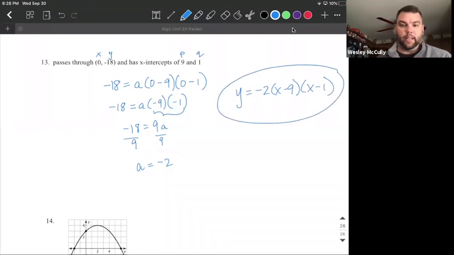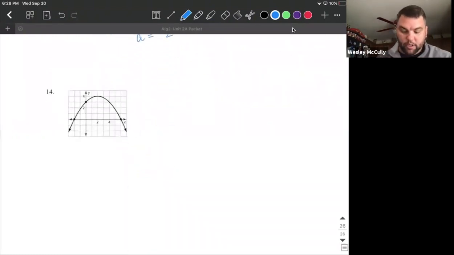Okay, and the last one, I actually have a picture, and it looks like they gave me a dot for my x-intercepts, and then they gave me a third dot to use. I can use those, but honestly, I could also write this in vertex form because I know where the vertex is, so that's an option as well.